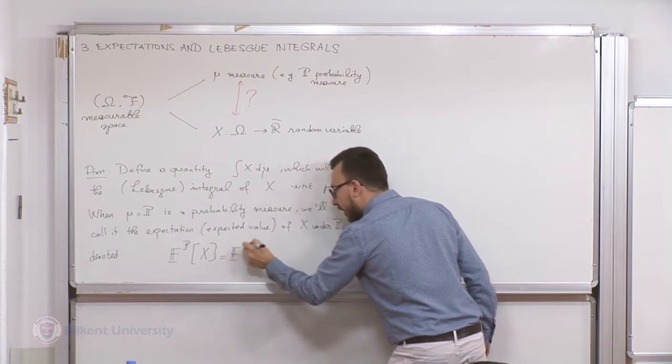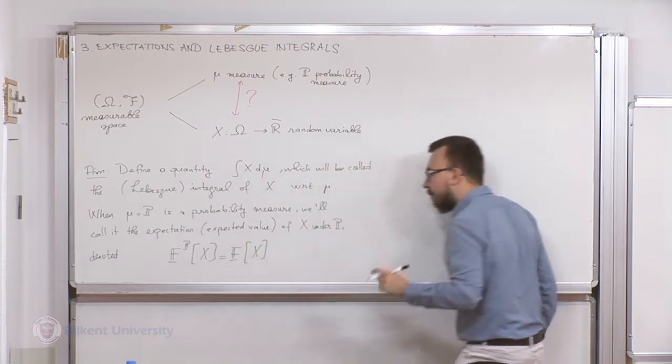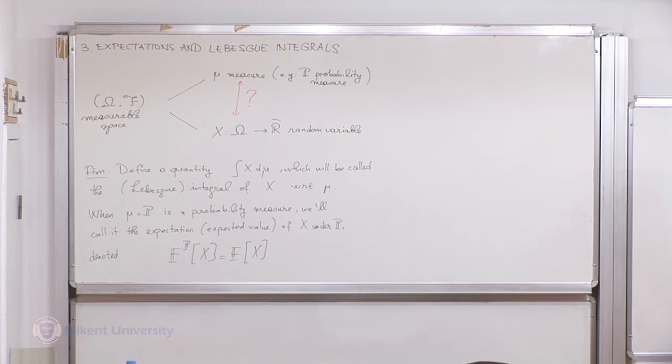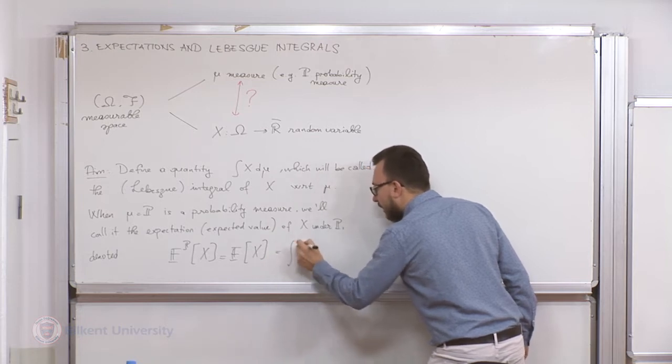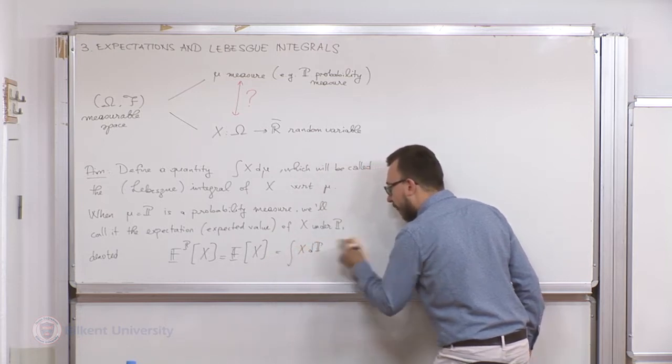If the probability measure P is fixed in the setting and everybody knows what it is, you use this notation. But this is nothing but ∫ X dP, okay?